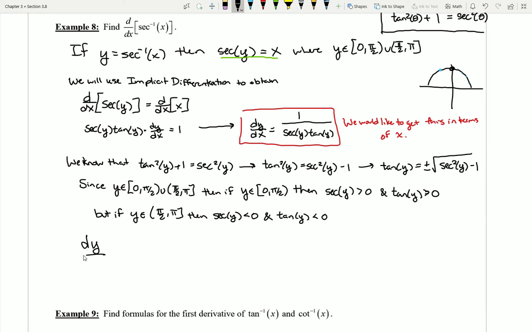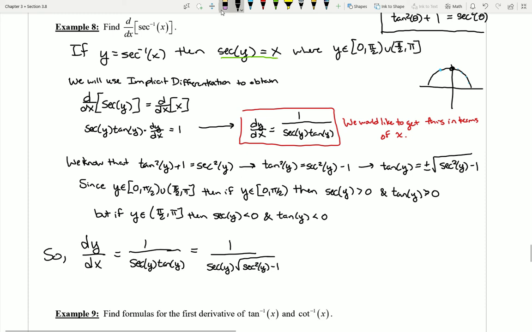I know that I have secant y, tangent y, and I could replace tangent of y with this positive version, the positive square root of secant squared minus 1. Now, if this piece is always positive, I need this piece to always be positive, and we know that this piece is the same as just the value of x. So I'm going to replace that as well.